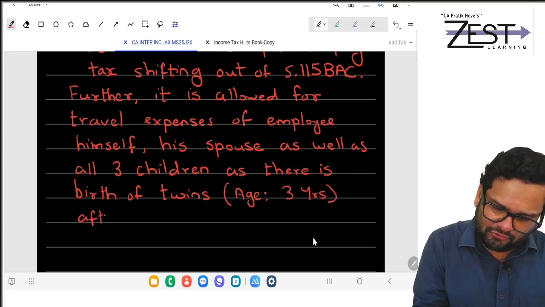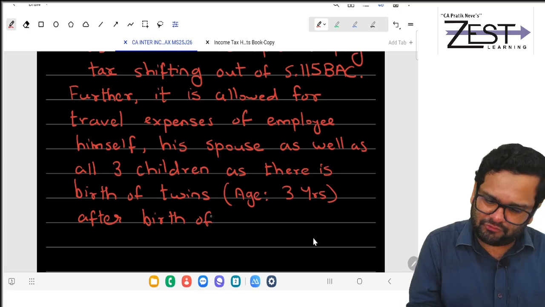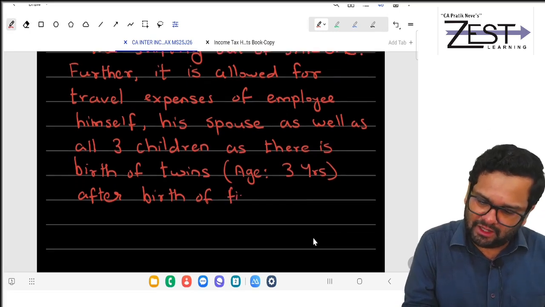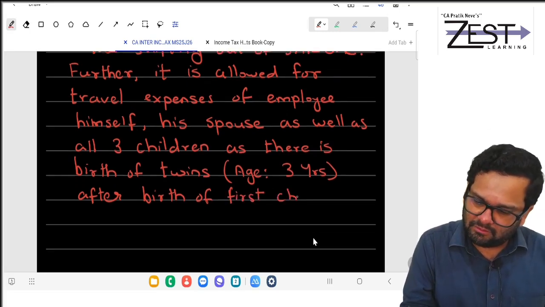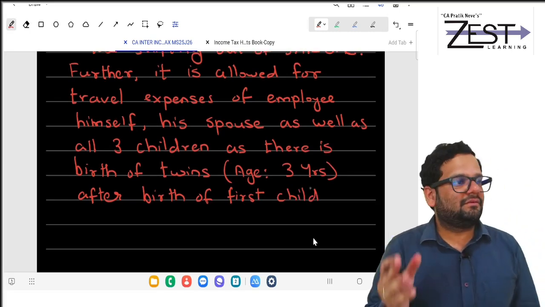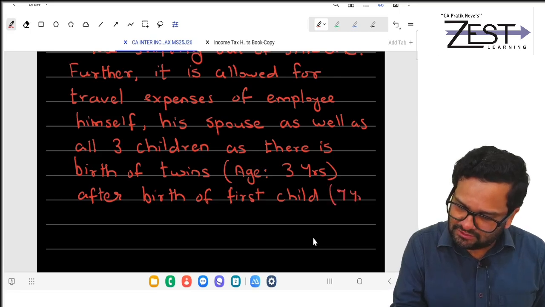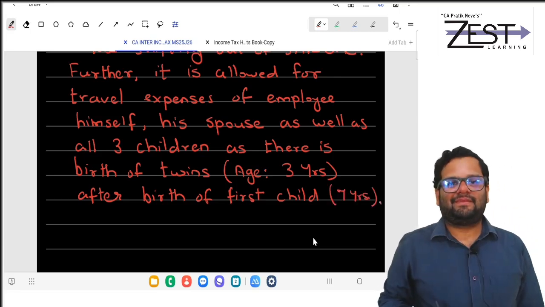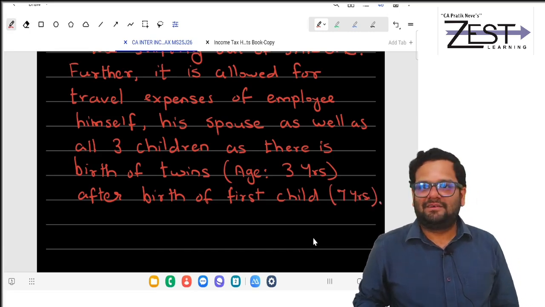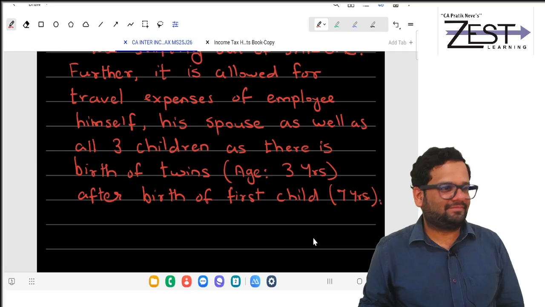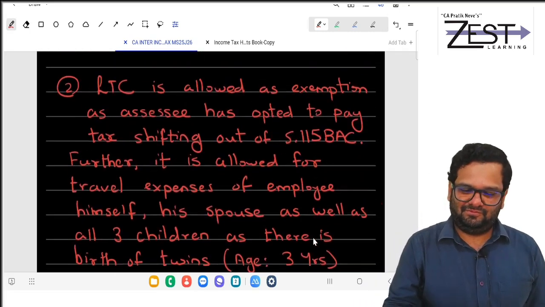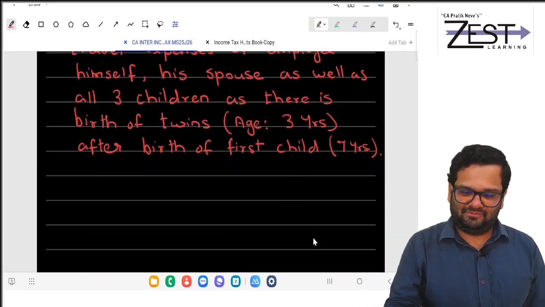After birth of first child. How did I understand that? Obviously, because first child age is 7. So after birth of first child, 7 years. Understood? Any doubt?